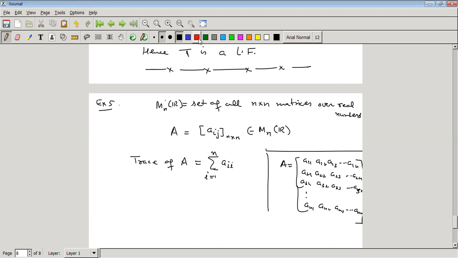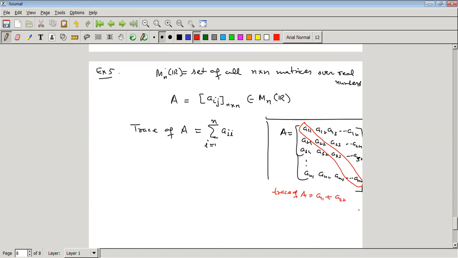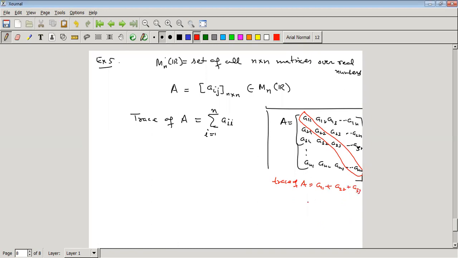If this is a matrix, then the trace is the sum of all principal diagonal elements. That is, trace of A is equal to A11 plus A22 plus A33 plus A44 plus up to Ann. So we can write this as the summation from i equals 1 to n of A_ii. So in this way we can define the trace of a matrix. Trace of a matrix means the sum of all the diagonal elements, the principal diagonal elements, right?